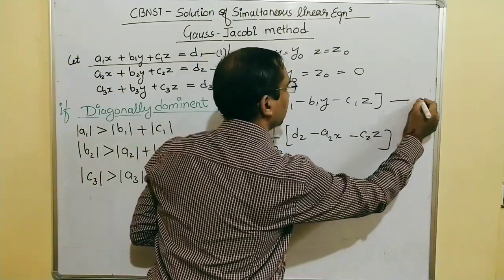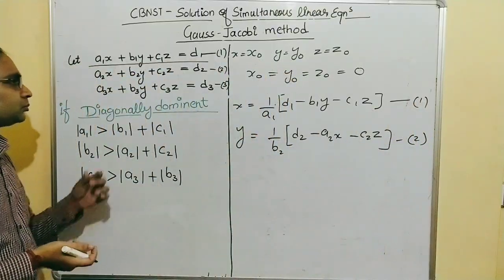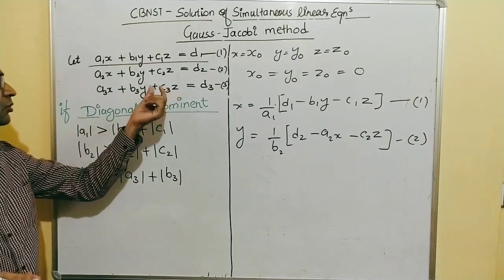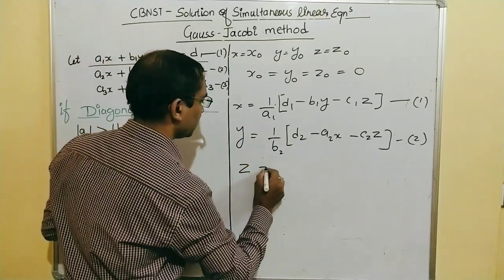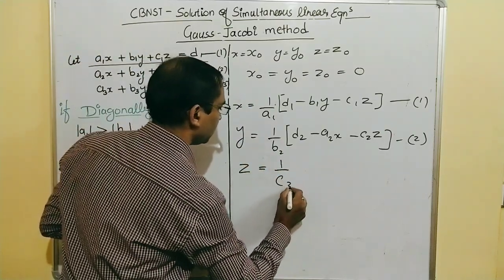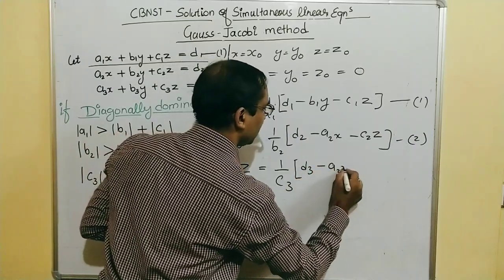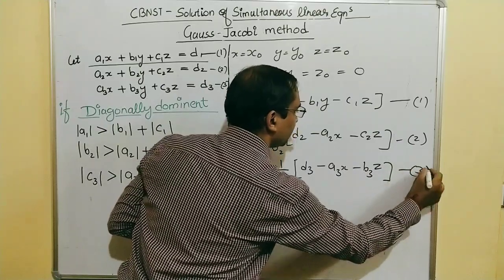So this will be our second equation. The third equation we can achieve from the third one, and from this we will find the value of z. So z is equal to 1 upon c3, d3 minus a3x minus b3z. So this is the third equation.